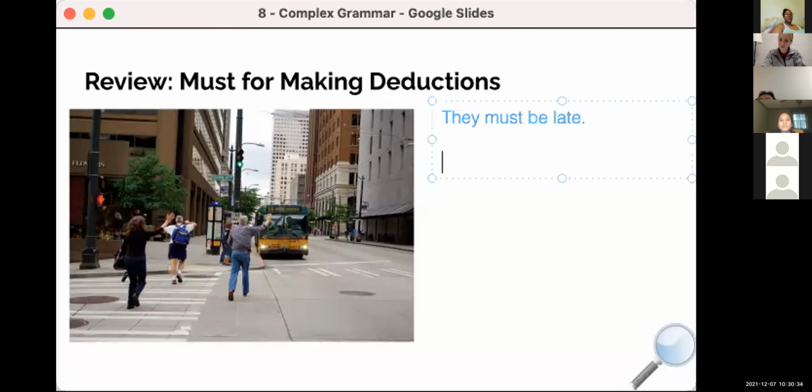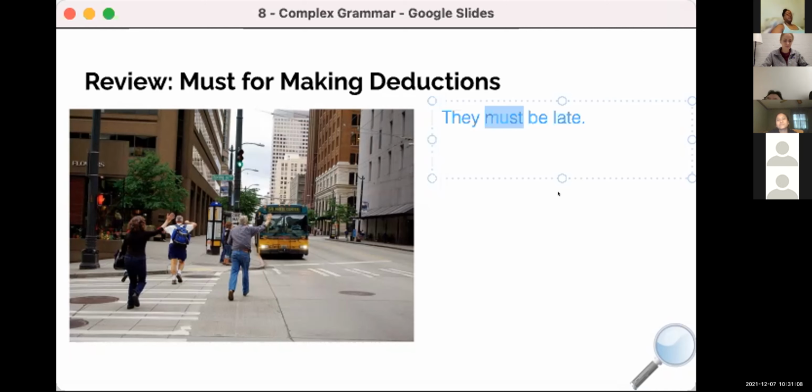But they must even be in this city. Even if we use must, there's still the possibility. In making a deduction, we're not 100% sure about something. We're looking at the information available to us, and we come up with an idea that makes sense based on that information. It's still possible. So deductions are not truth. It's as close to the truth as we can find. It's like a guess.